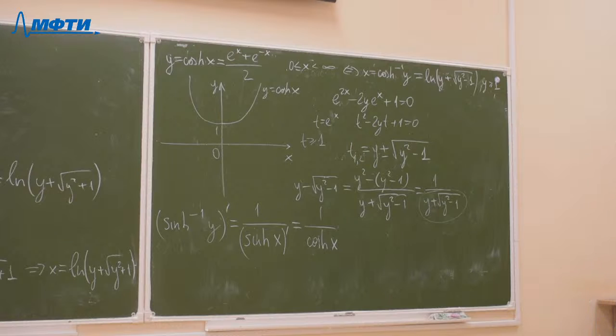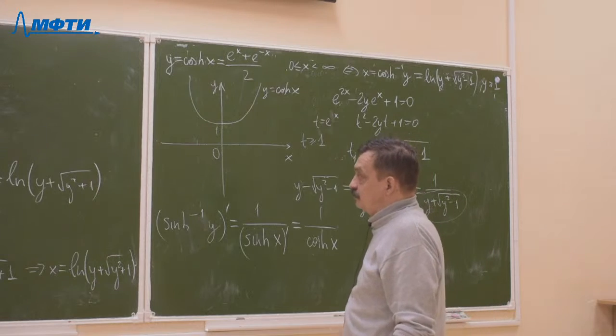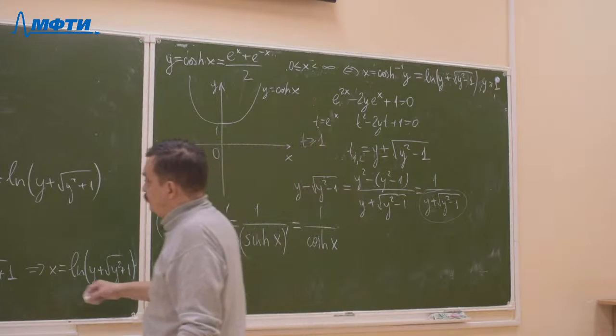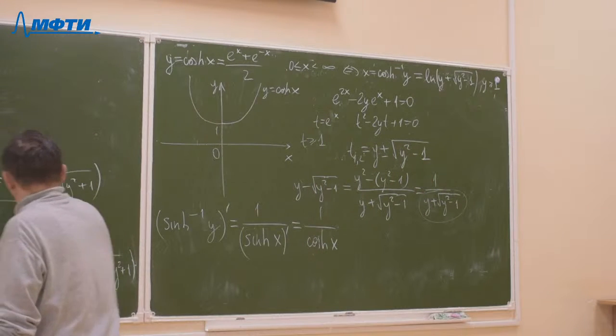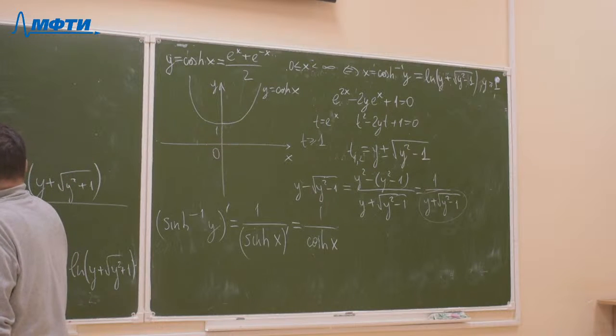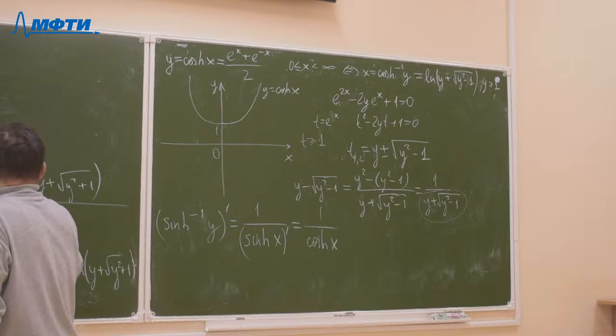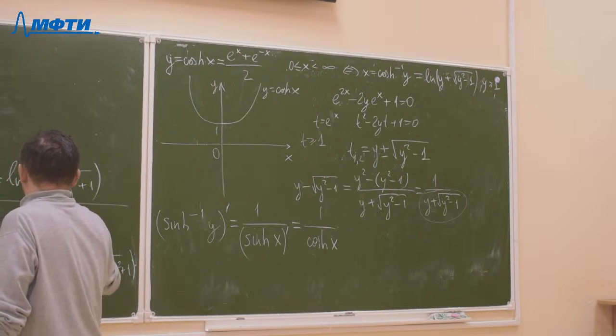And now we should express our cosine hyperbolic in terms of y. You see the relation between cosine hyperbolic and sine hyperbolic, an analogue of the general trigonometric identity: cosine hyperbolic squared x minus sine hyperbolic squared x equals 1.